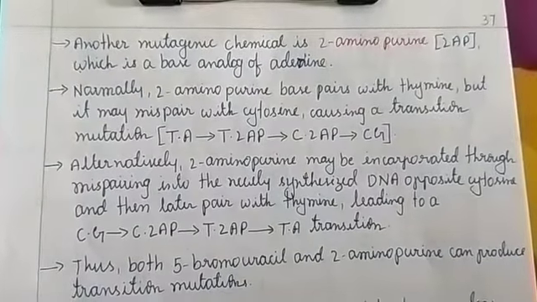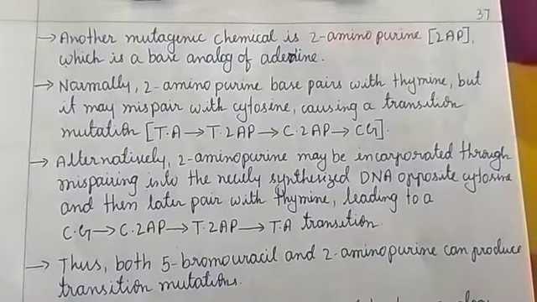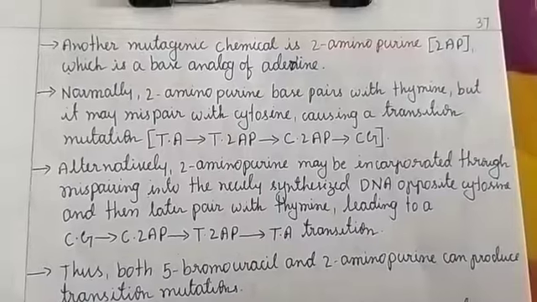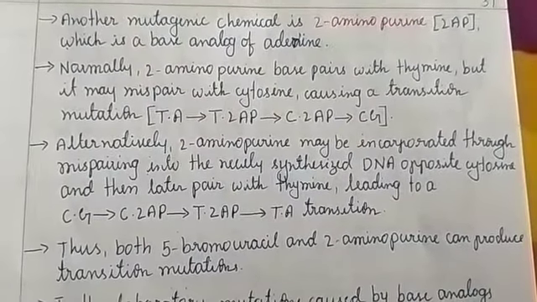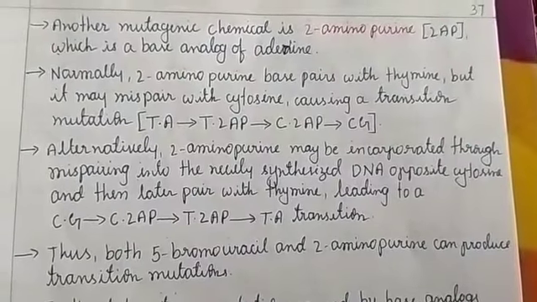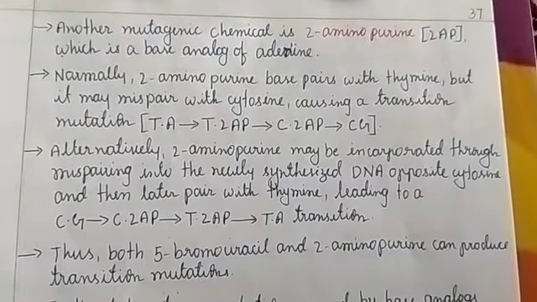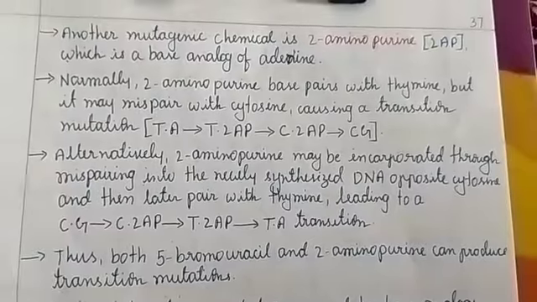Apart from 5-bromouracil, another mutagenic chemical is 2-aminopurine, which is a base analog of adenine. Normally 2-aminopurine base pairs with the thymine, but it may mispair with cytosine, causing a transition mutation.